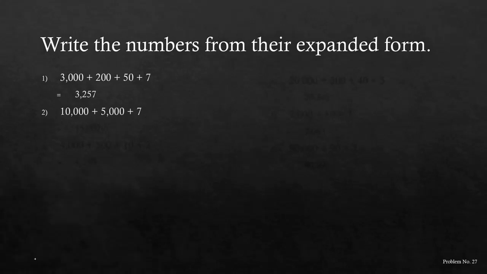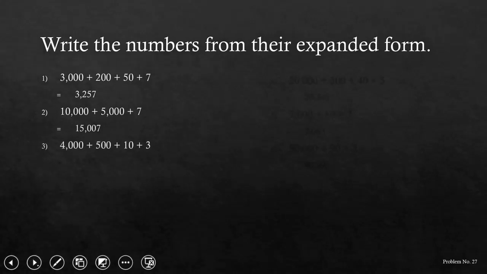Now there is no digit at hundreds place, so 0 at hundreds place, no digit at tens place, so 0 at tens place, and 7 at units place. So the number which we will be creating is 15007, that is 15,007. Next number is 4,000 plus 500 plus 10 plus 3.